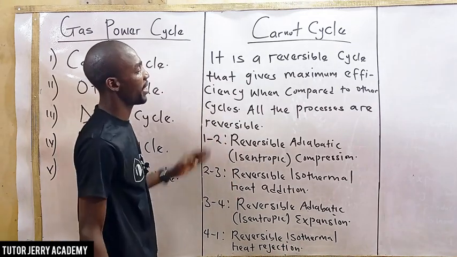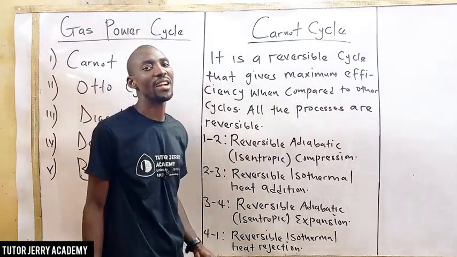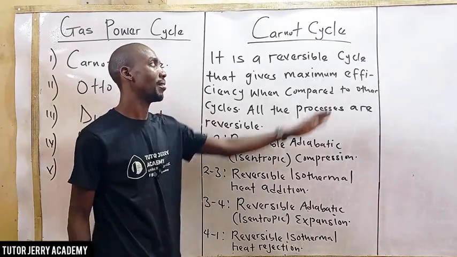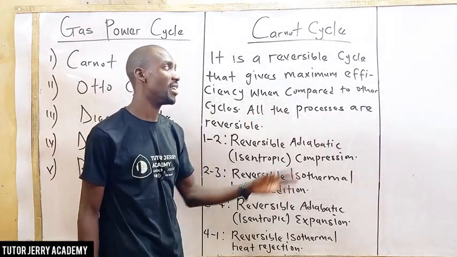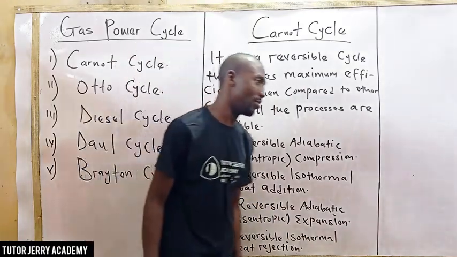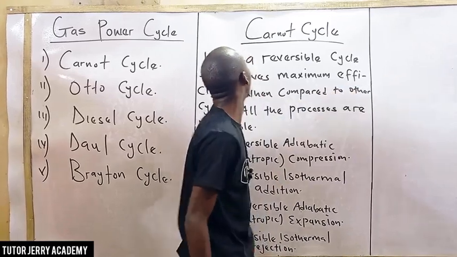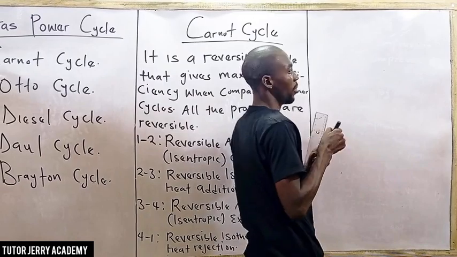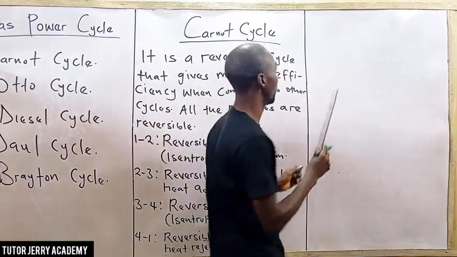So here are the four processes of the Carnot cycle. We are going to explain this better when we draw the P-V and T-S diagrams. So let's draw the P-V and T-S diagrams. I will show you how to draw that.